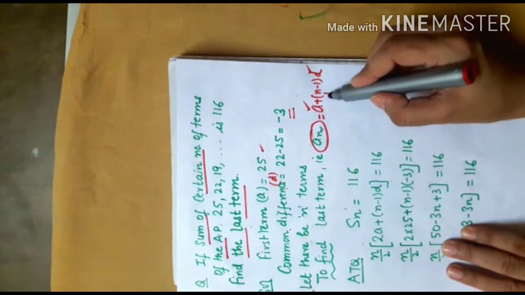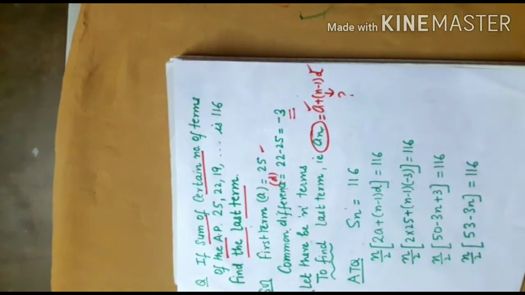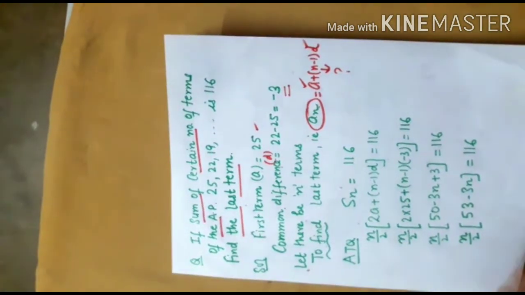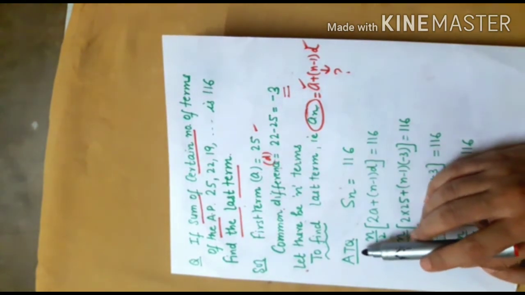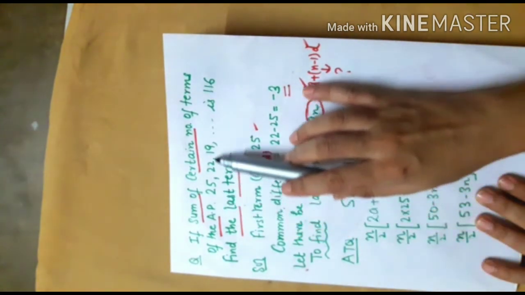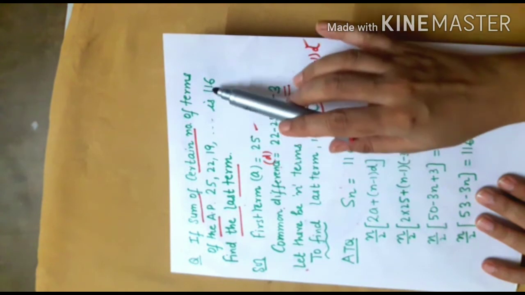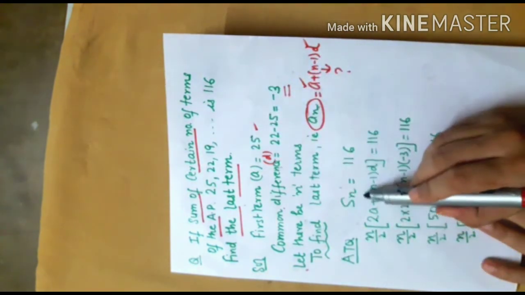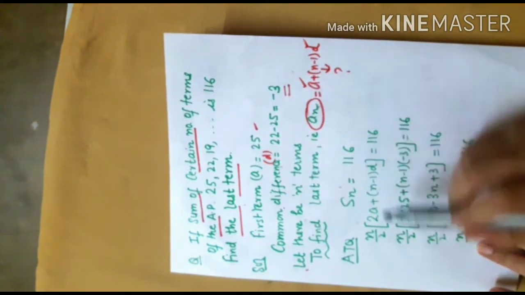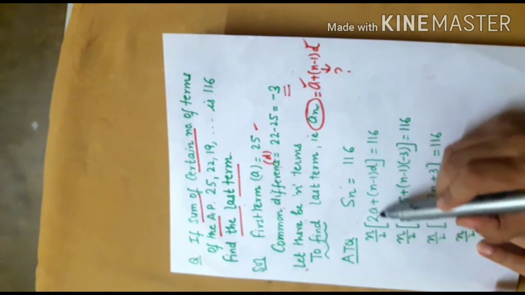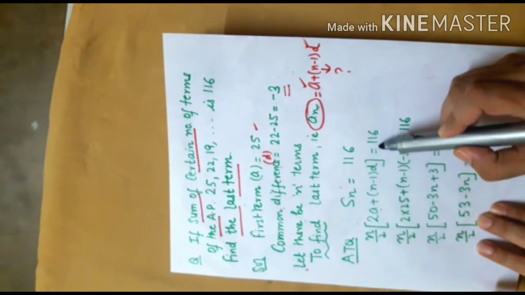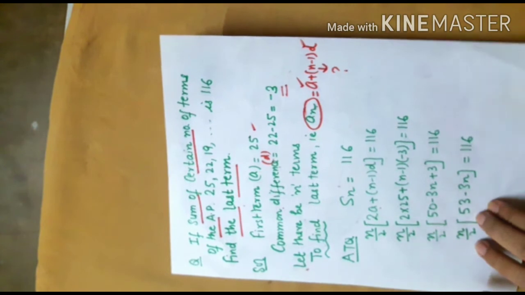So what I need to find? I need to find n. Now according to the question, sum of these n terms is 116. So Sn is 116. Now Sn is given by n by 2 into 2a plus n minus 1 into d equals 116.